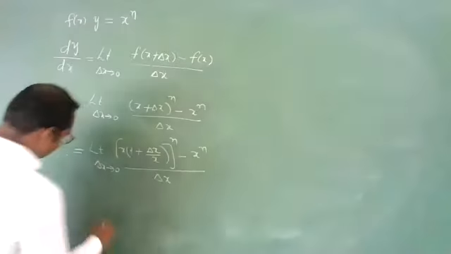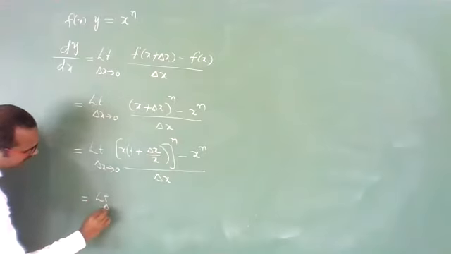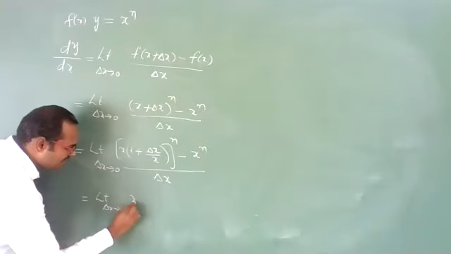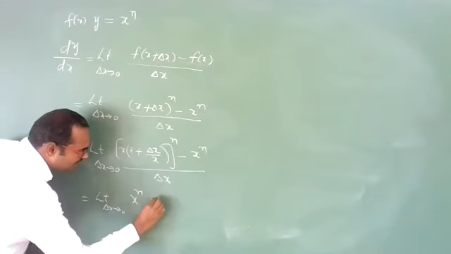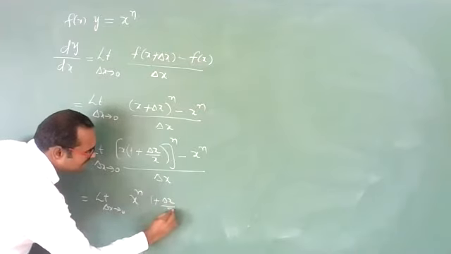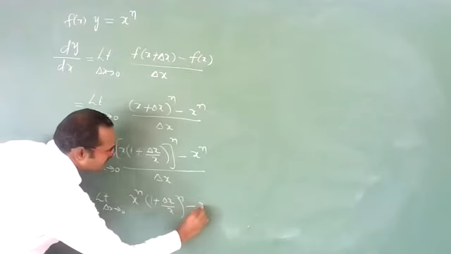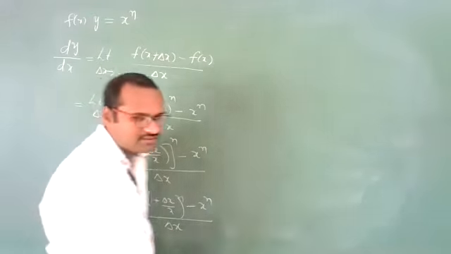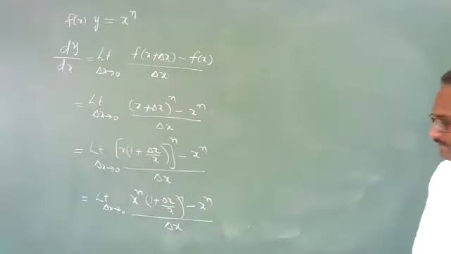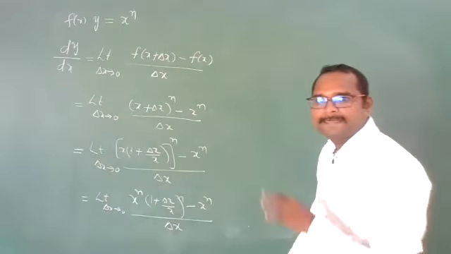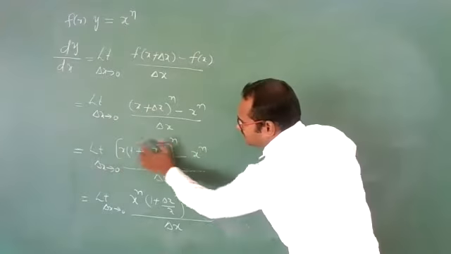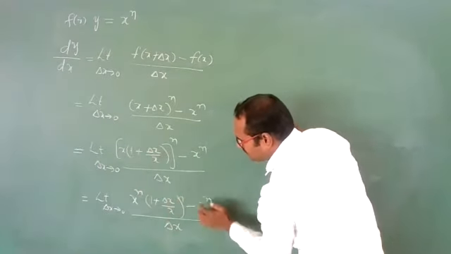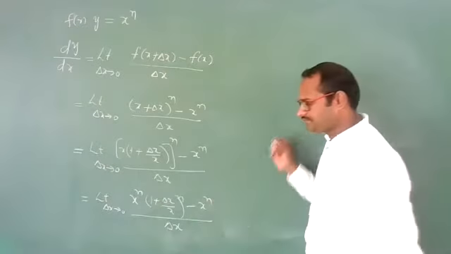It will become limit delta x tends to 0. (ab) whole power n can be written as a power n, b power n: x power n (1 plus delta x by x) whole power n minus x power n, divided by delta x. Is this step understood? Okay. So x power n (1 plus delta x by x) whole power n minus x power n, divided by delta x, I have written.